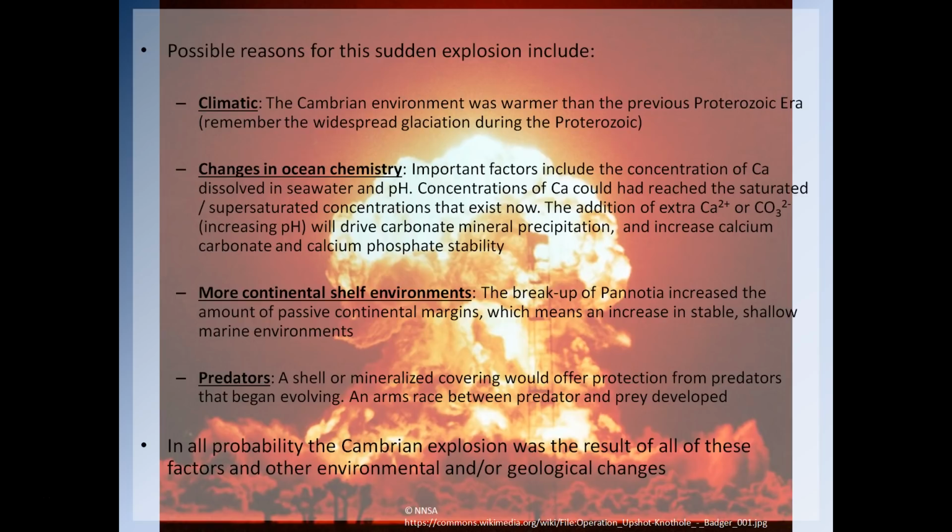So as we move into the Cambrian, we also see an increase in the amount of continental shelf environments. If you remember, right at the end of the Proterozoic, we have the supercontinent Pangaea. And as we move from the Proterozoic into the Cambrian, Pangaea is falling to pieces. So what does this mean?